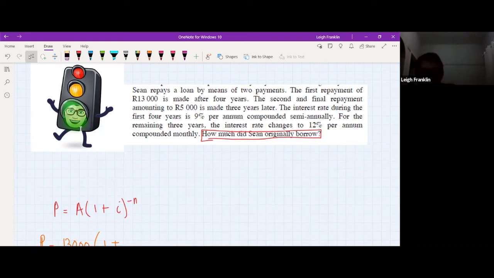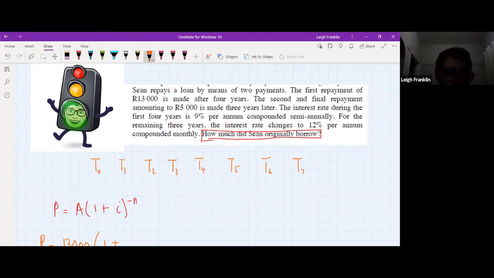The remaining 3 years... how many years is this over? It's over 7 years. So T0, T1, T2, T3, T4, T5, T6, T7.